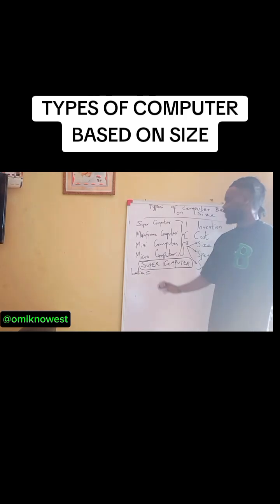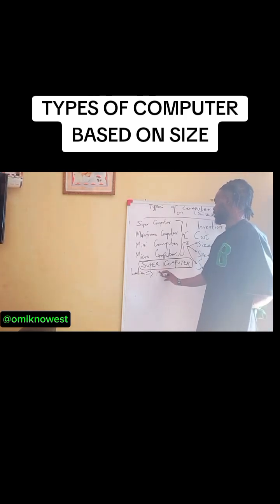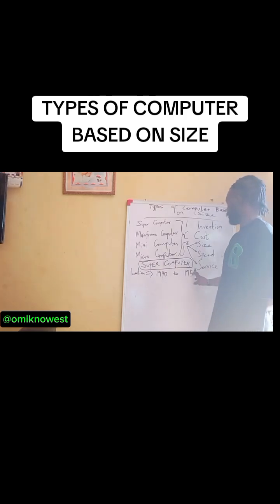Supercomputers are computers invented in the years of 1940 to 1950. As a matter of fact, when I'll be treating generations of computer, these two have relation. The types of computer and the generation have relation. We will still get there.